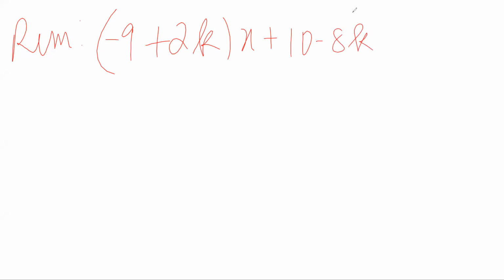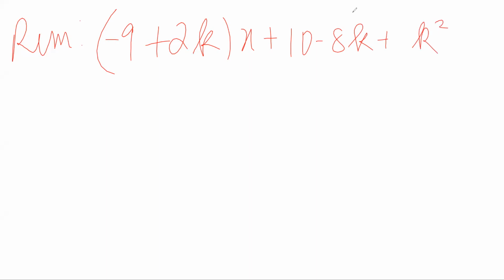And then you group it. Okay, minus 9 plus 2k of x plus 10 minus 8k plus k square.